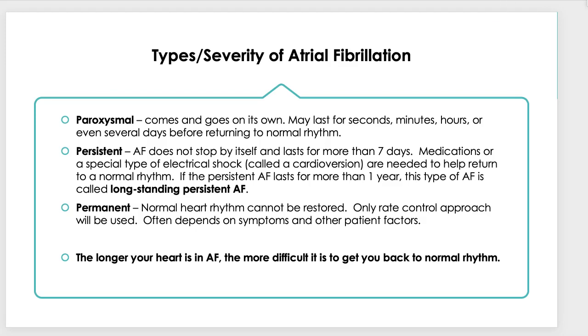And we also have permanent atrial fibrillation, where the normal heart rhythm cannot be restored, and only a rate control approach will be used. This is often dependent on the patient's symptoms.